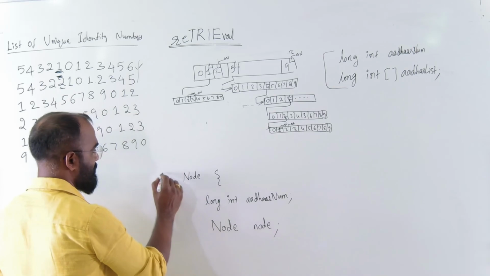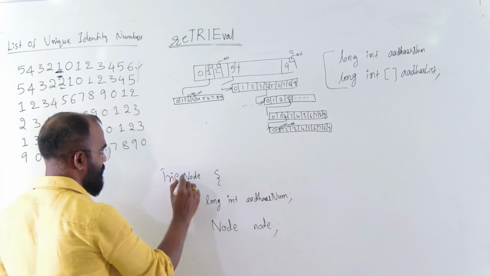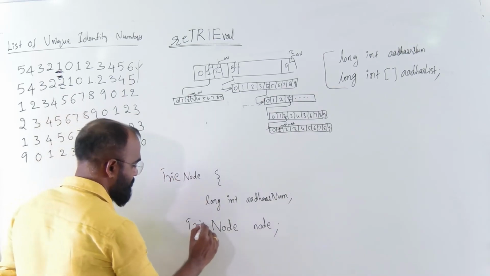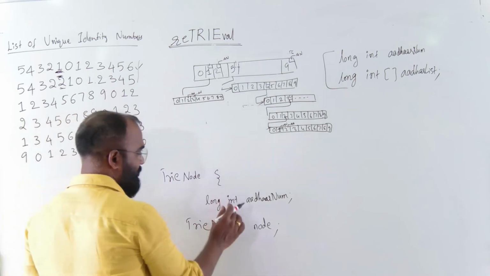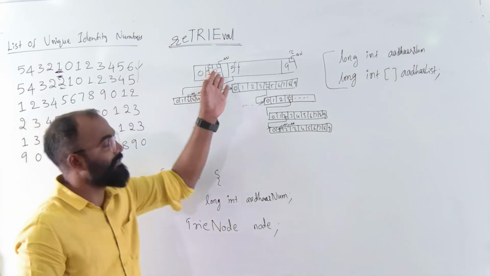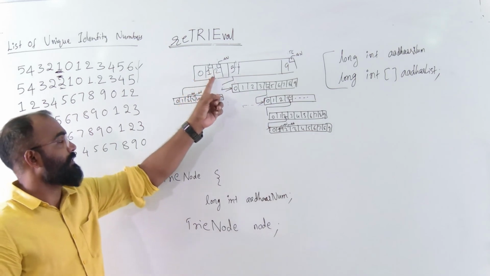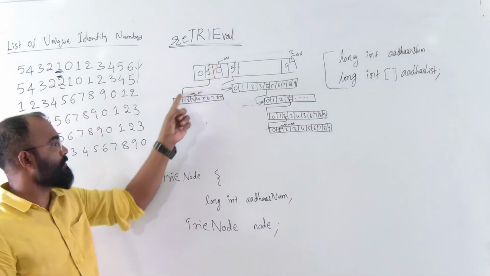Let's call this trie node, to differentiate. So you now have Aadhaar number and trie node. With the example that we have walked through, this is good enough. One stores the Aadhaar number and the other one stores the reference.